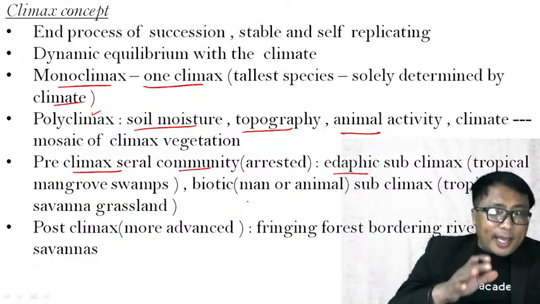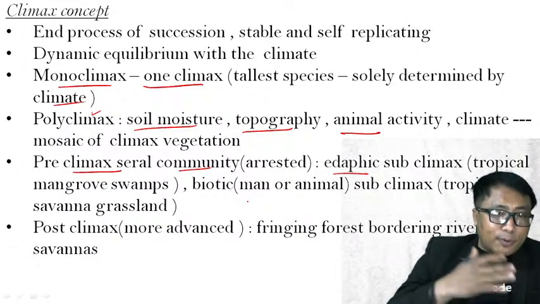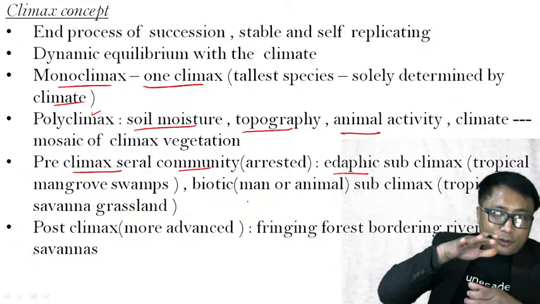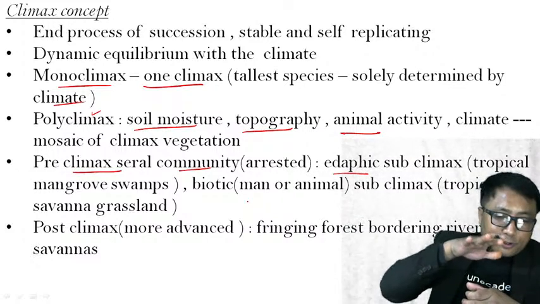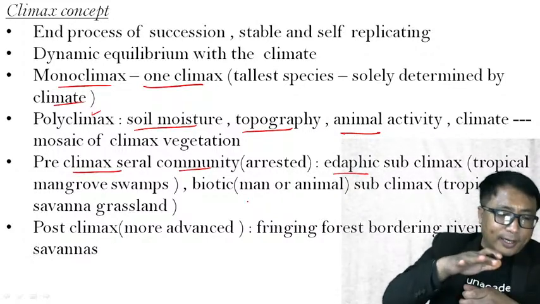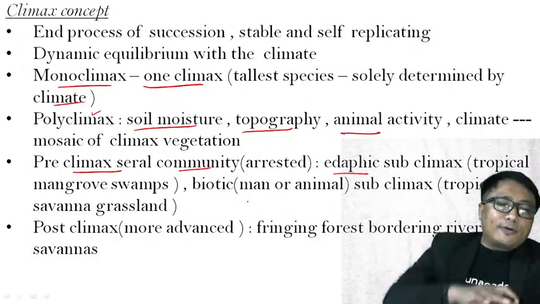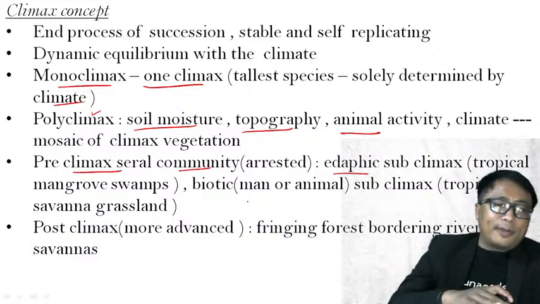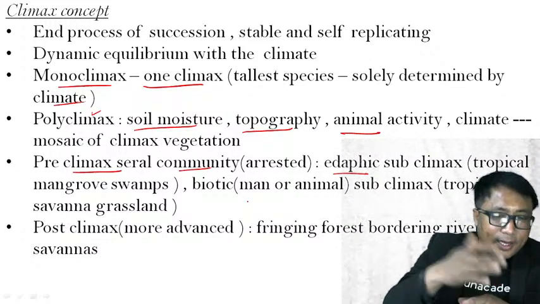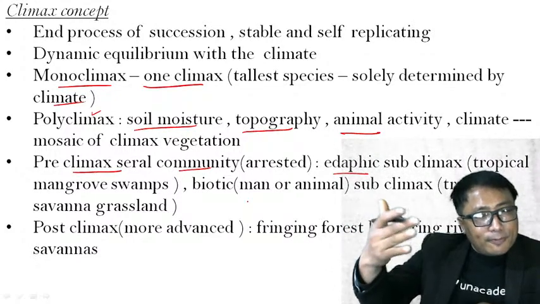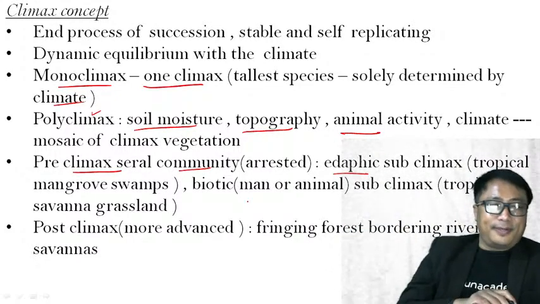But if soil is provided sufficiently, say for example, a very strong and stable soil in the mangrove area, you just landfill it, then the mangrove forest or mangrove swamp will continue its ecological succession and can become a full-blown forest.